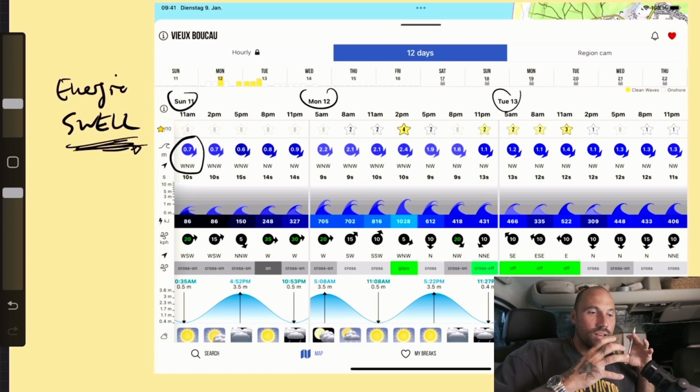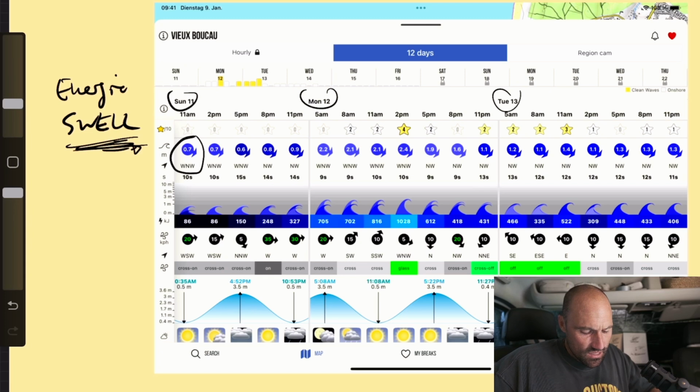We're actually surfing energy from the ocean. So this predicts the height in meters of the swell of the waves which are actually breaking on your local break. But here there's a blue arrow, and underneath is W N W, which means west, north, west.